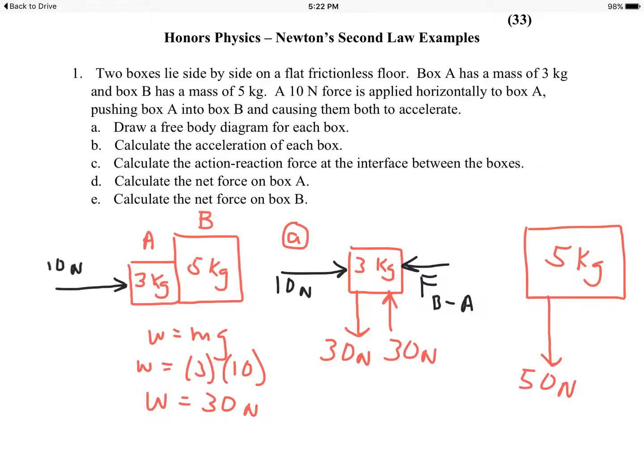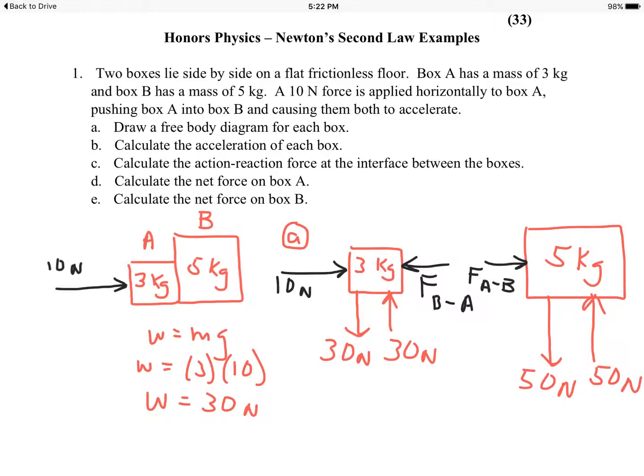And as happens most of the time when you run on a level surface, the upward support force from the floor will be 50 newtons. Those two forces will cancel out. However, box B is not being pushed by the 10 Newton force, it's being pushed by box A. So the way I can label that is F A dash B. What that means is the force that A exerts on box B.